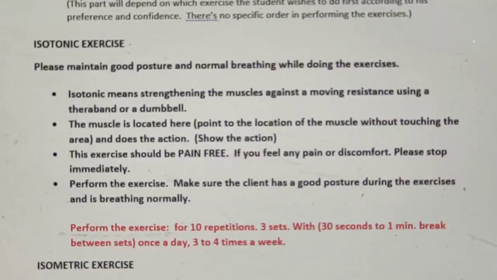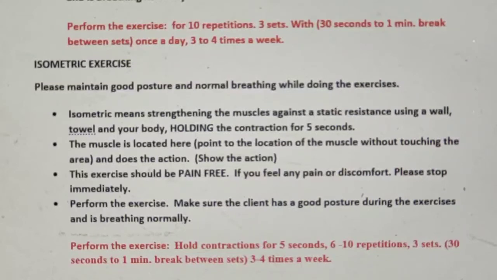So 1 set, 10 repetitions, do it for 3 sets, and in between sets, you need to relax for like 30 seconds or 1 minute. Just say 1 minute, and then do it once a day, for at least 3 to 4 times a week. Okay, so you're gonna say this to your client after each type of exercise.